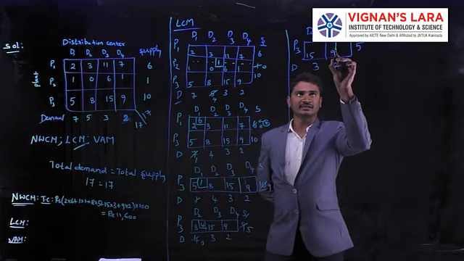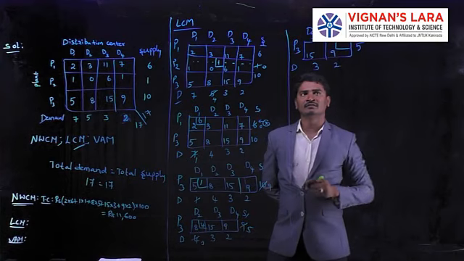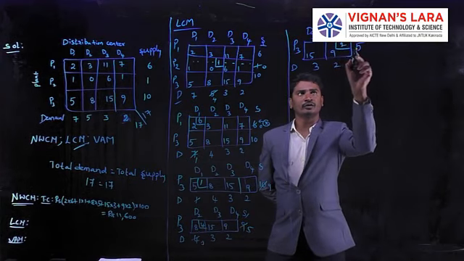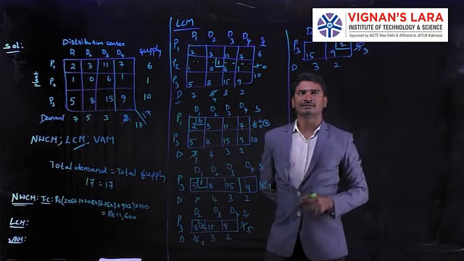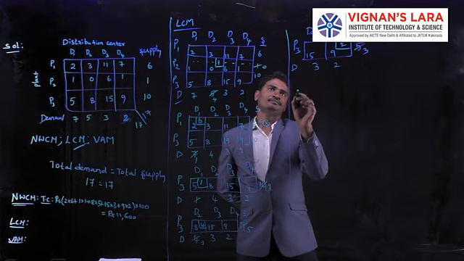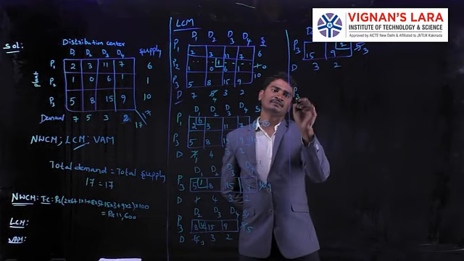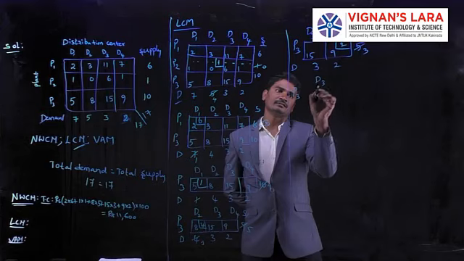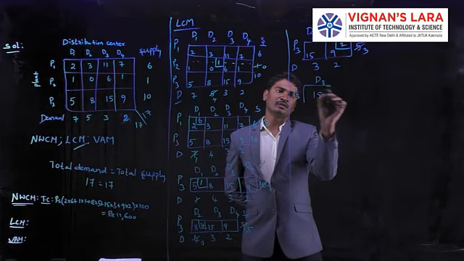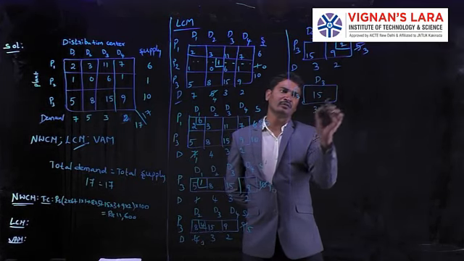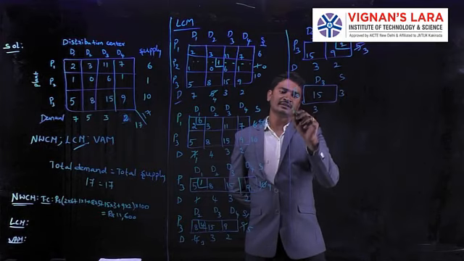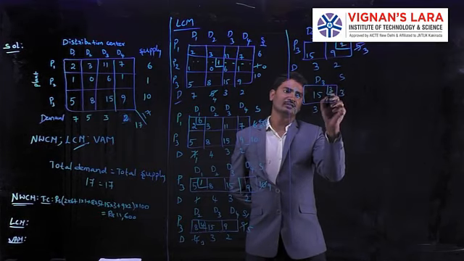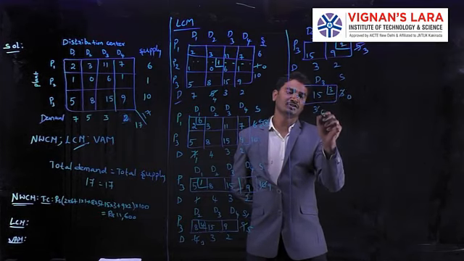Here we have the least cost, so we are going to allocate 2 units. After this we are getting 3. Next P3, D3, 15. So we reached a single cell, and we are going to stop the solution here itself. We are allocating the 3 units. So after this we are getting 0 supply and 0 demand.